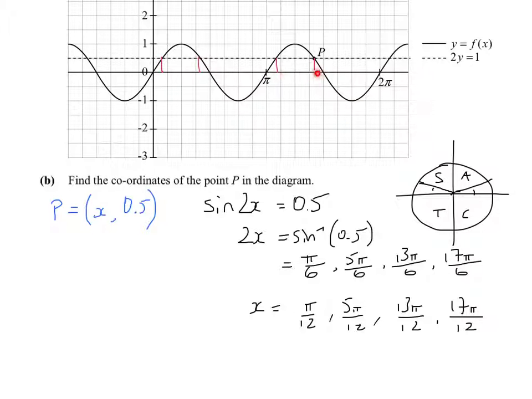And especially since we can see that this is 3 halves of pi, halfway between pi and 2 pi, so it's 1.5 pi, a value of 17 pi over 12 is just a little bit less. 17 over 12 is a little bit less than 1.5. This seems like a reasonable answer. So in terms of the coordinate for P, we have P is 17 pi over 12, 0.5.